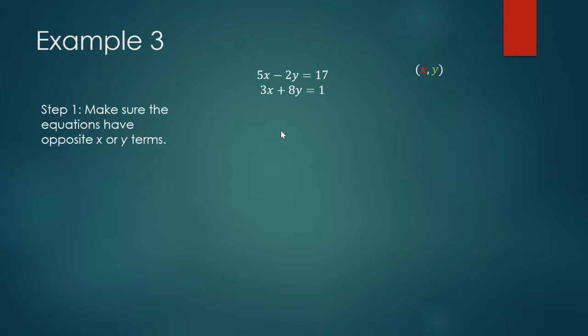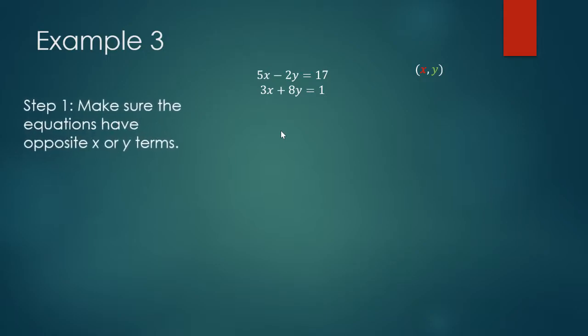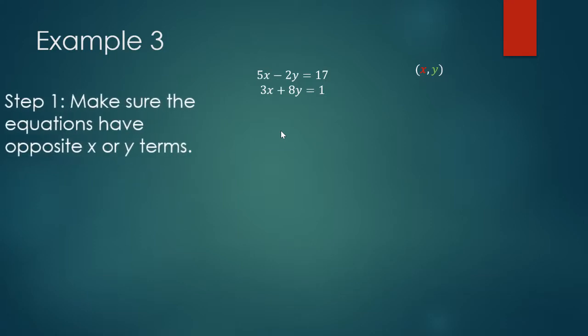Step number 1. Make sure the equations have opposite x or y terms. So from these two equations, one thing I notice is 5 cannot go into 3 and 3 cannot go into 5. But 2 could go into 8. How many times? 4. So what that means is I'm going to distribute a 4 times every term inside the top equation.